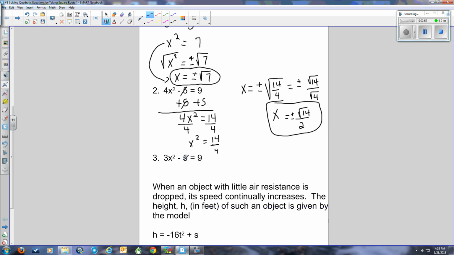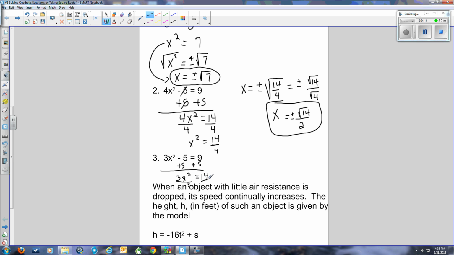Let's do this next problem. We've got 3x squared minus 5 equals 9. So we're going to add 5 to each side. So we have 3x squared equals 14. I'm running out of room, but I'll put it right here.